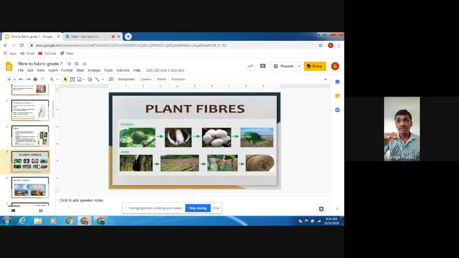And what will they do? They will immerse the stems of jute in water for a few days. From that rotten stem, they will get jute fibers. With the help of the jute fiber, they will make different things.